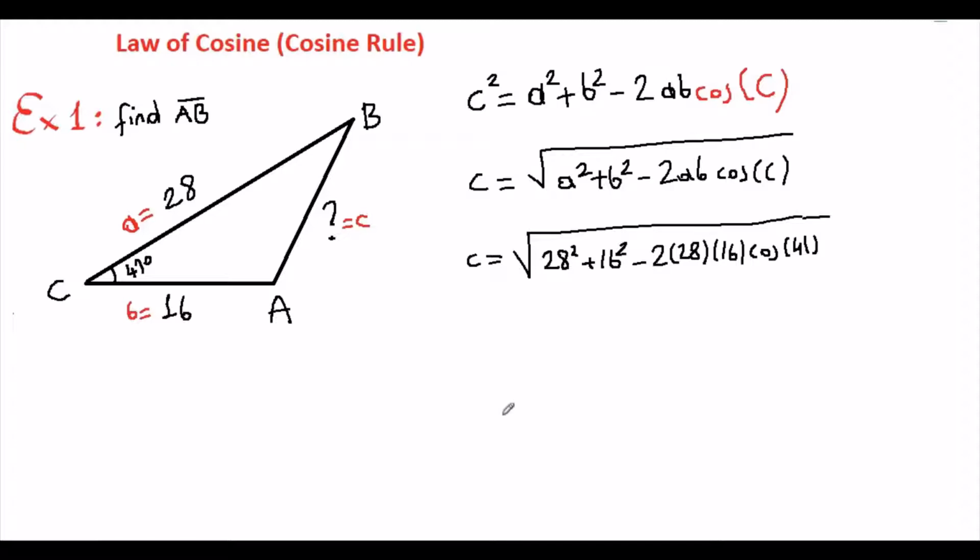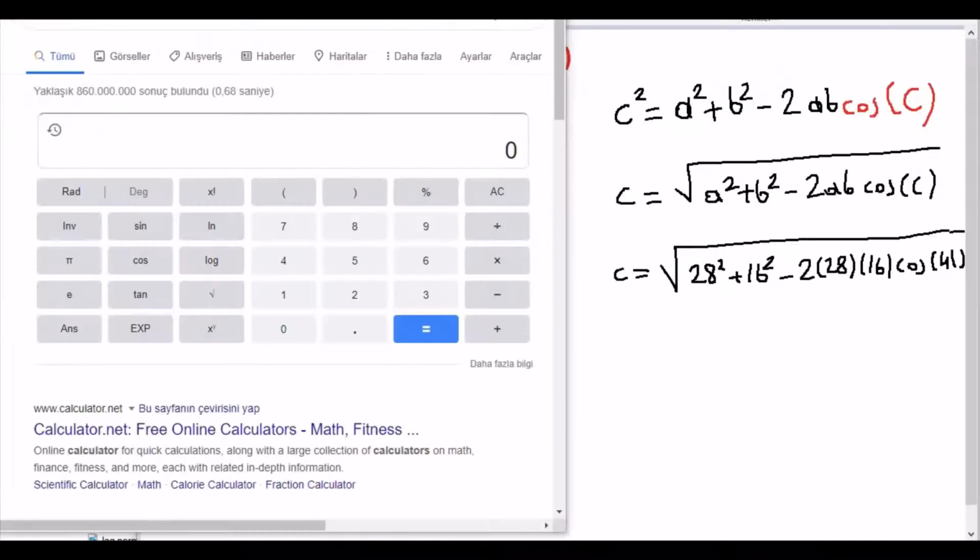Now let's do it on the calculator. Depending on your calculator, TI series or even online calculator, just be careful with the degree and the radian mode. For this problem, I'm going to use calculator.com. So our C is equal to square root of 28 squared plus 16 squared.